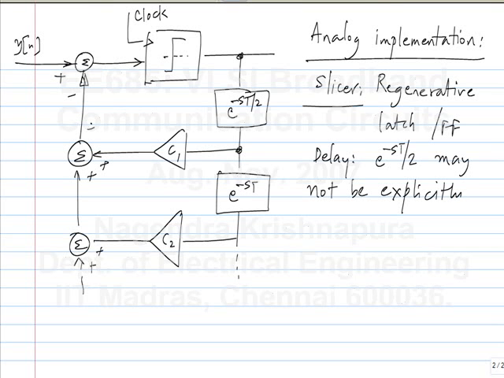In fact, usually at the speeds at which you work, where you have to make these analog equalizers, you don't really implement this e to the minus sT by 2. Okay. So you have all these analog amplifiers and you make the delay of that appropriate. In this case, it is analog. I mean, it is sampled data analog, perhaps, or it could be continuous time also.